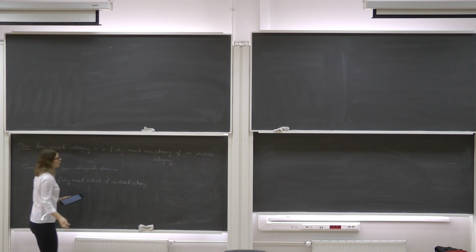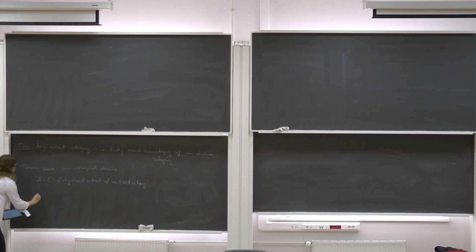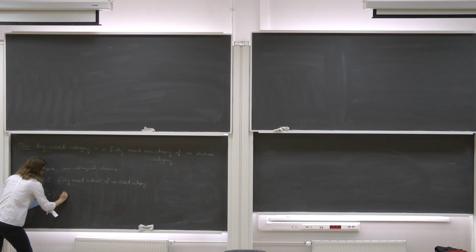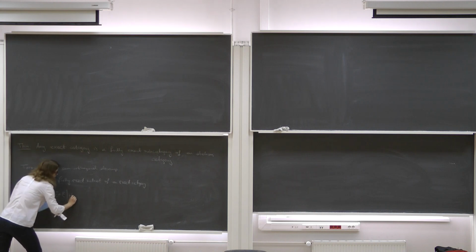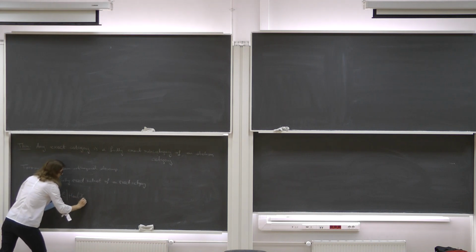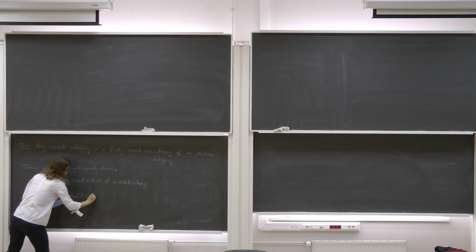And if I want to view it as a torsion pair, I should consider the perpendicular, the orthogonal category, which I will denote this way. So these are all objects E in the category such that there are no Homs from my subcategory X to the object.